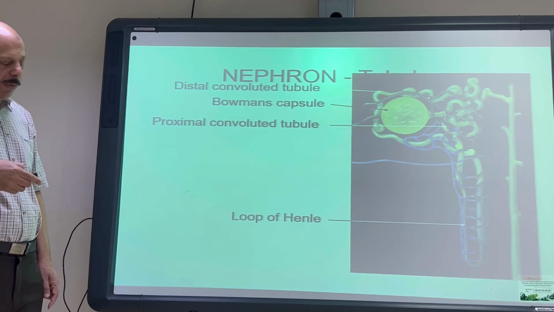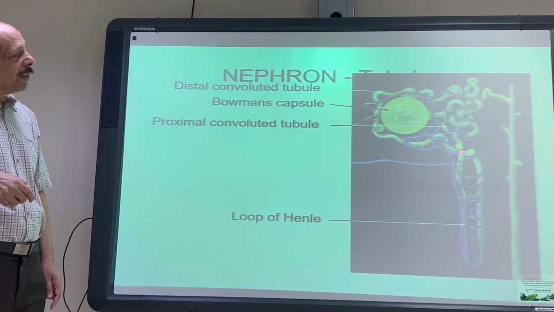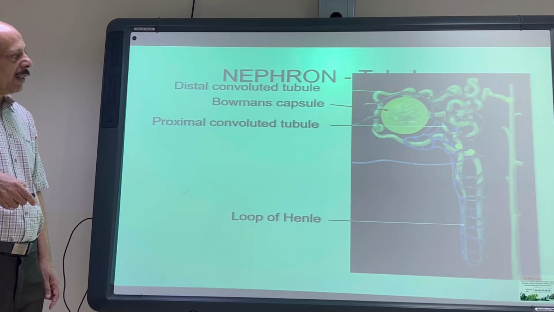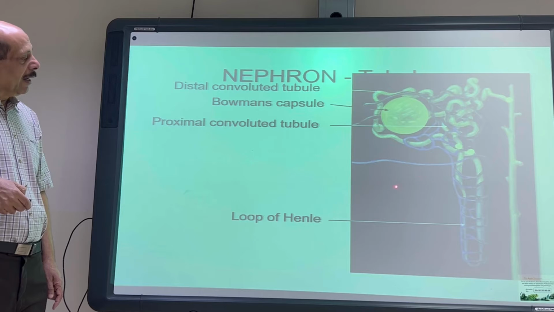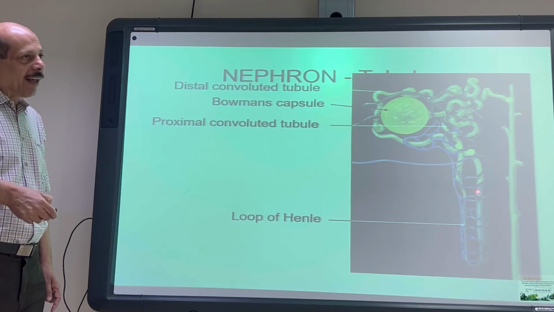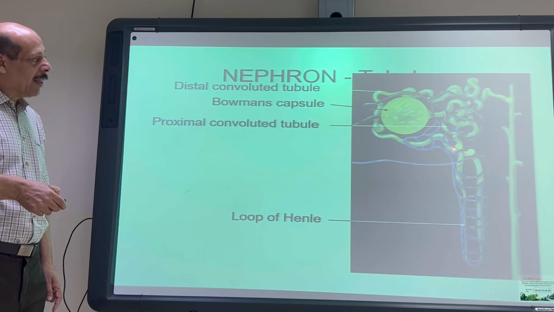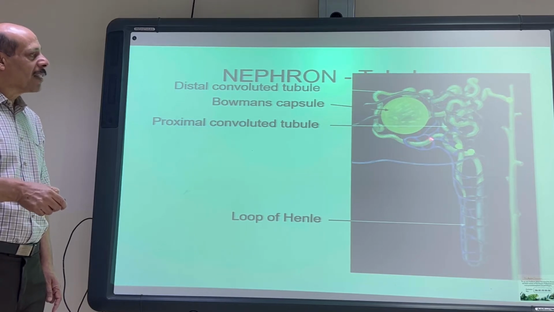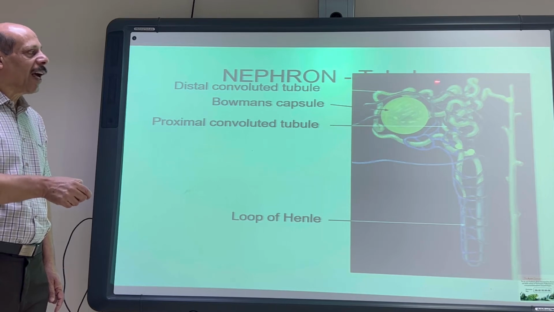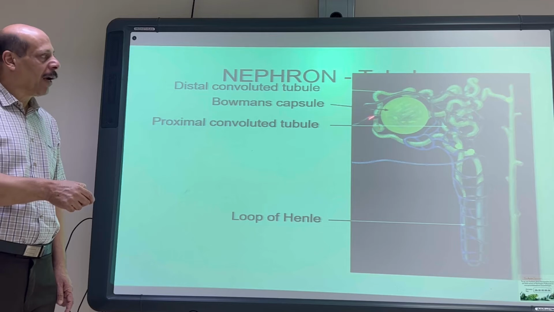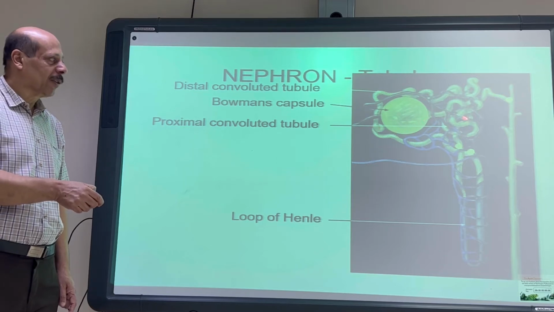The loop of Henle is coming down and going up. Then the distal convoluted tubule is coming up and going again around the Bowman capsule, around the glomerulus.